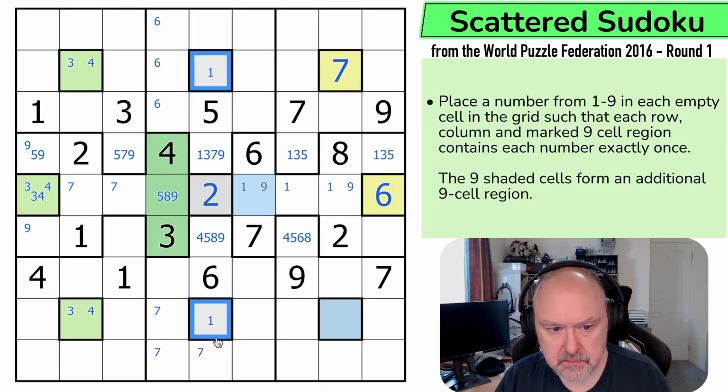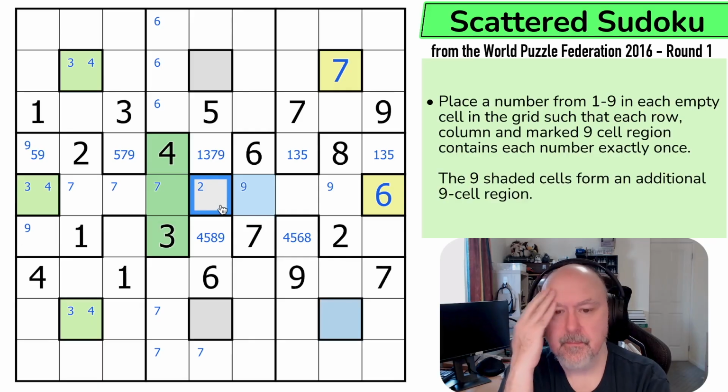They could be 1. They can't be 2 because there's the 2 in the center of the grid. I'm pretty certain that's still true because I can't use 3, 4. Can't use 5, 6. Can't use 7. If this was an 8... Did I make a mistake with that? Can that be an 8?